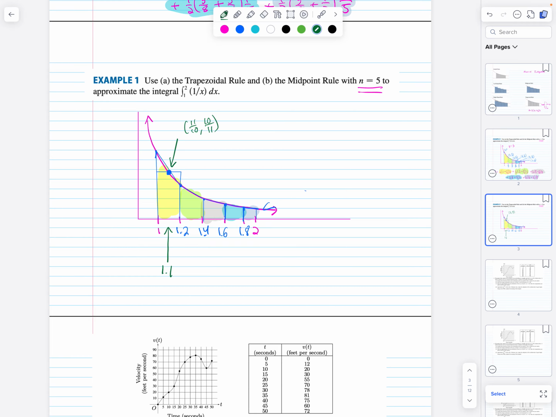I create a new rectangle here that passes through the next midpoint. Midpoint of 1.2 and 1.4 is 1.3. That's 13 over 10. Its reciprocal is 10 thirteenths. I keep going, finding these midpoints and using them as heights of rectangles, which in a curve like this get kind of more annoying to draw.